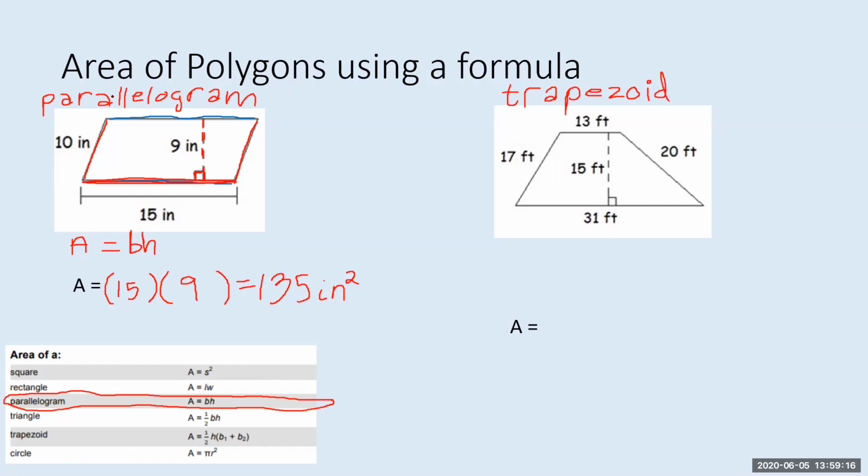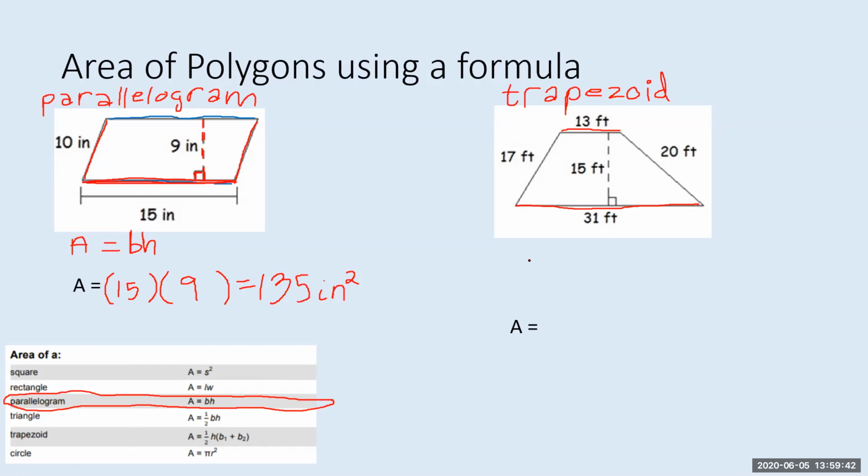But the parallelogram has 2 pairs of parallel sides. Everything's nice and parallel to each other, but with a trapezoid, there's only 1 pair of parallel sides. With this trapezoid, you can see it's this top and bottom sides here that are pointing in the same direction. They're parallel to each other, but the left and right sides are not pointing in the same direction.